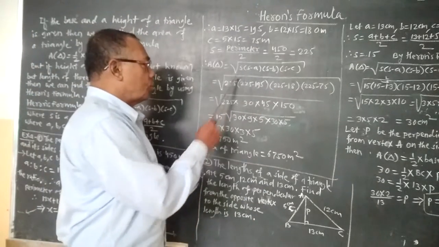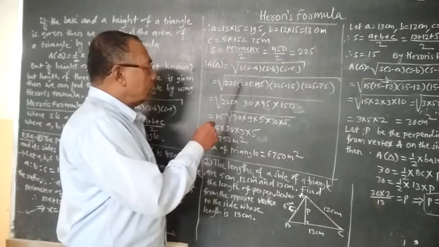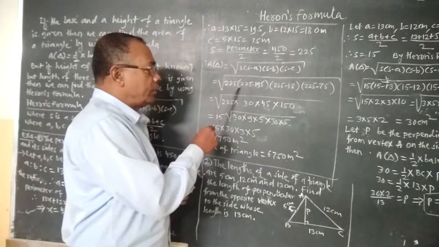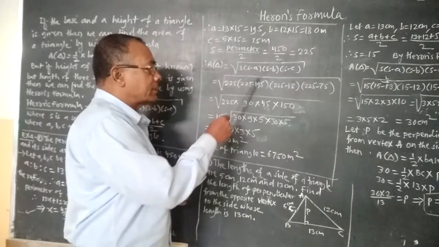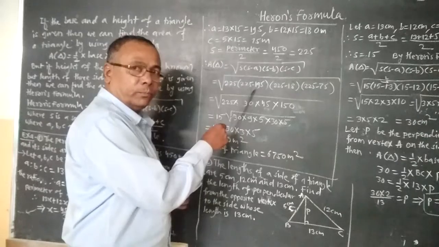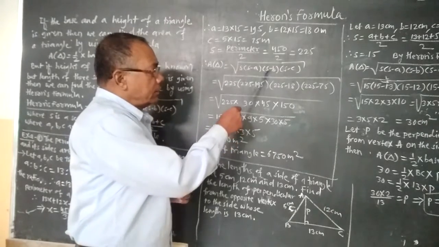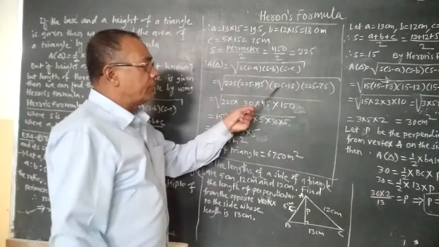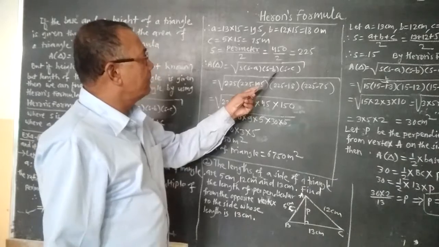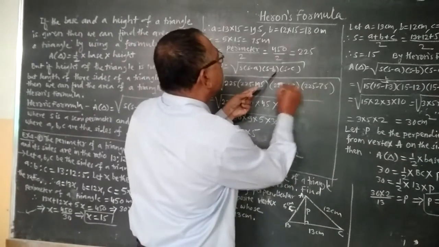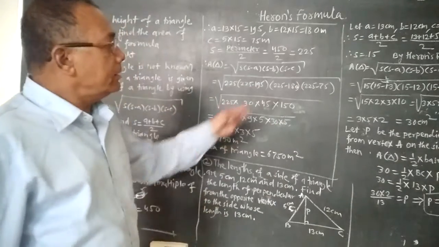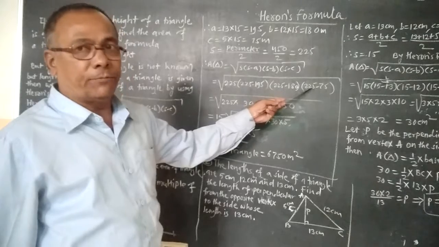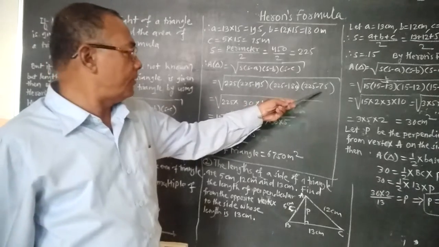Now s is 225, so 225 into bracket 225 minus a is 195, then s minus b is 225 minus b is 180, then s minus c is 225 minus 75.